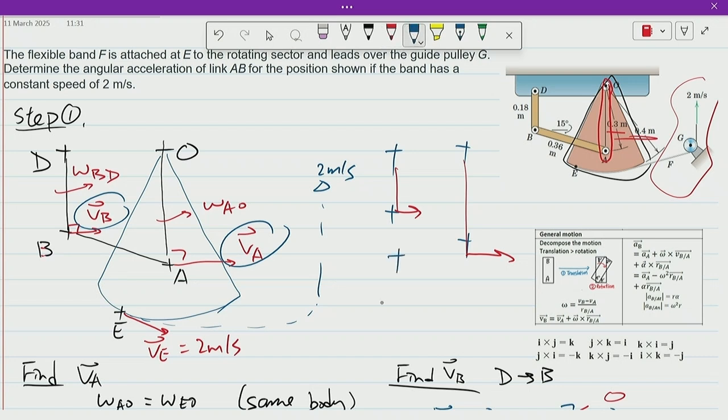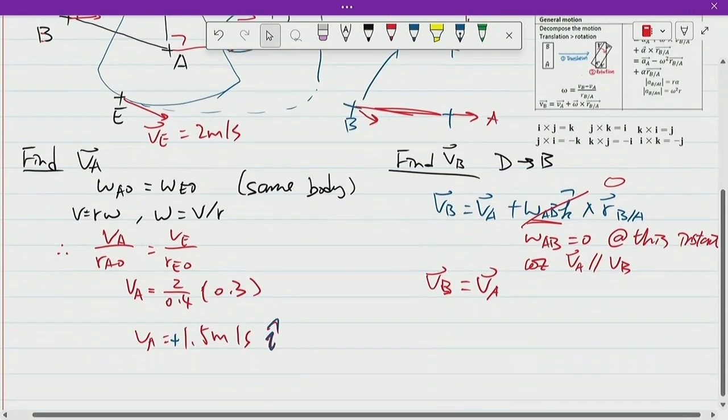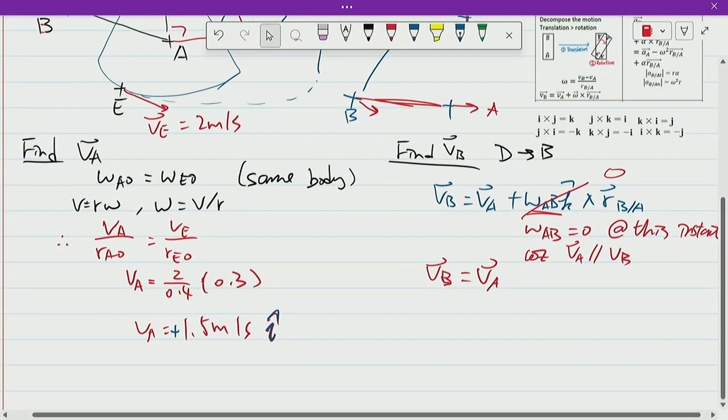Now let's say we tweak this to this. So this is our new B. The velocity is going that way, our other velocity is going that way. Then the rod is eventually going to have to rotate. There's going to be an omega. Make sense?